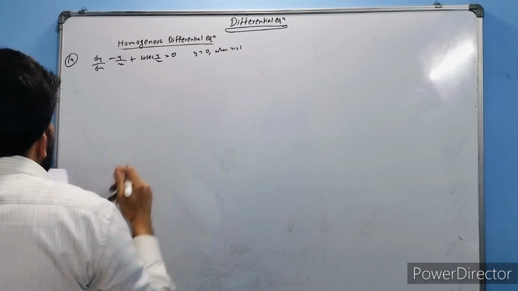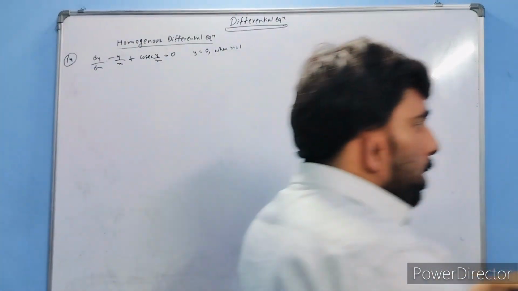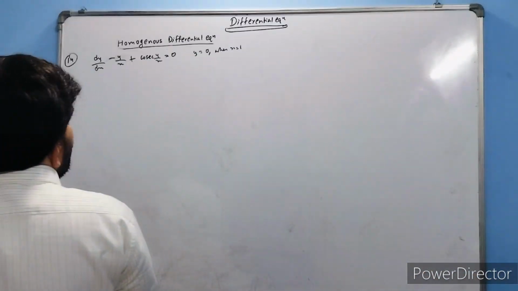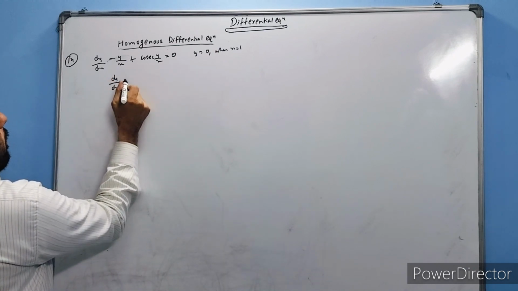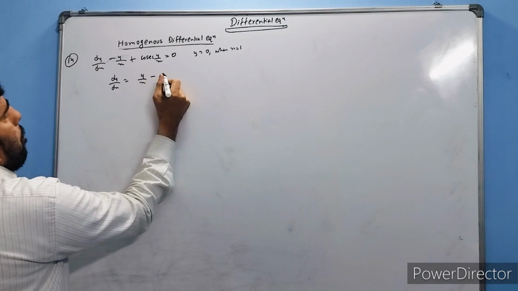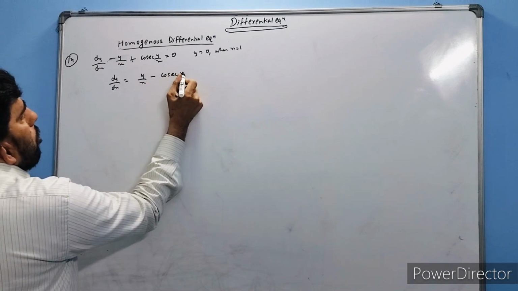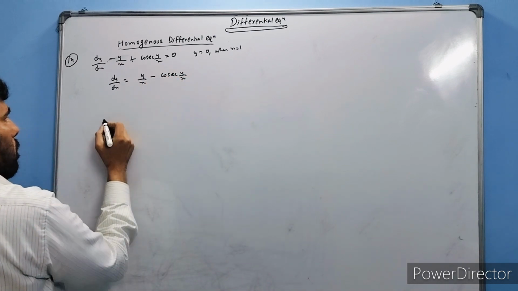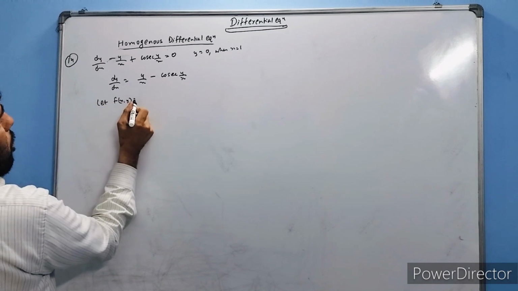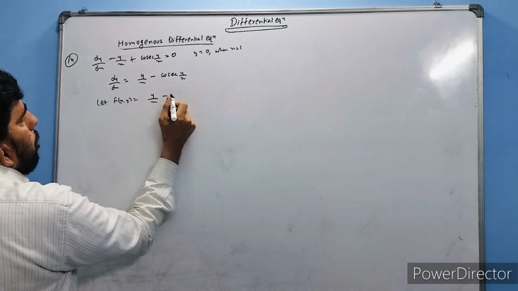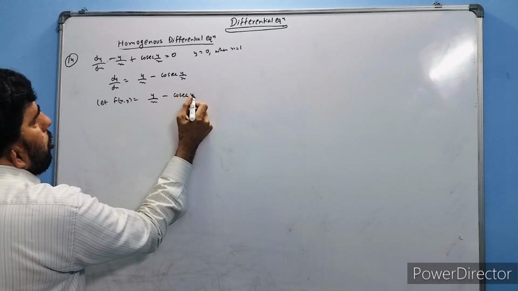Now let us see what we can do here. Just try to solve: dy upon dx is equal to y upon x minus cosec (y upon x). So let us take this as f of x, y, equal to y upon x minus cosec (y upon x).